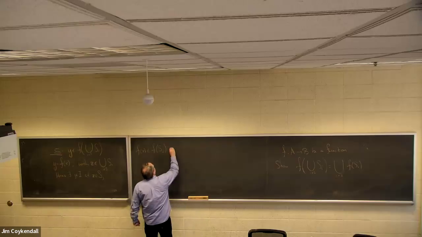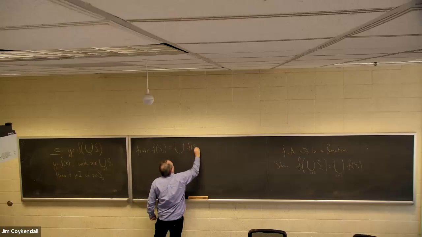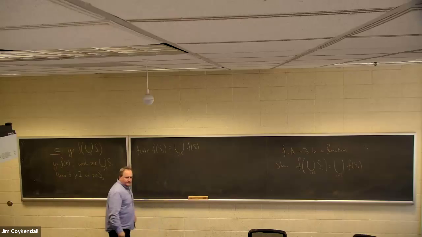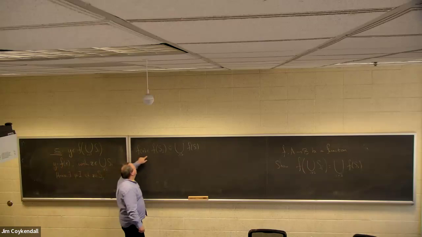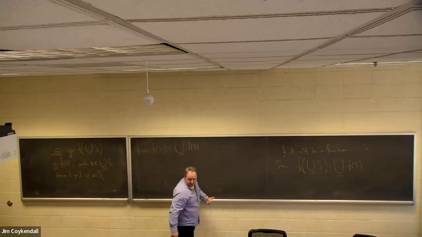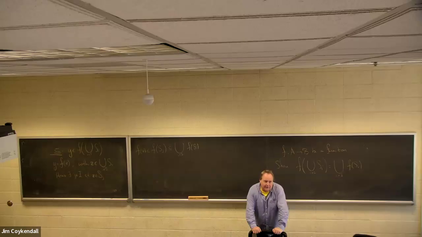I know that this means it lives in the union of all of them. So my y, which is f of c, lives in one of these things, so it lives in the union of all of those things. Does that make sense? Okay, we totally conquered that.